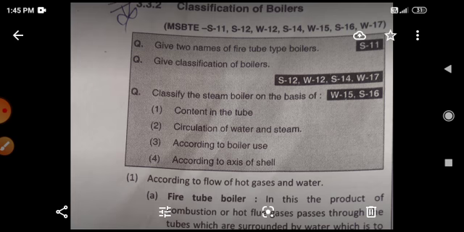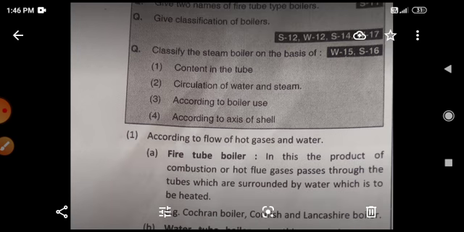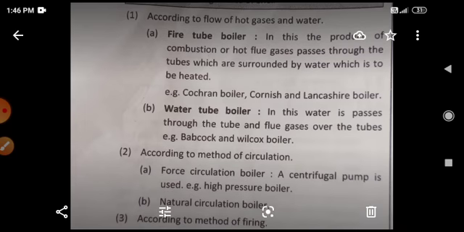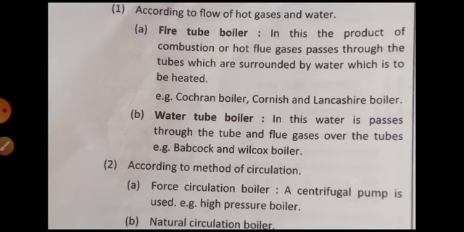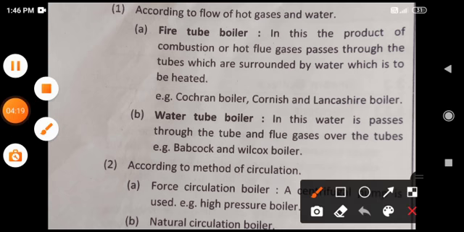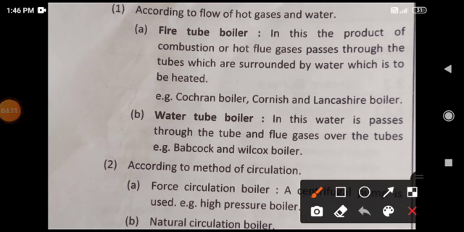Now let's see the different types of boiler. First, according to the flow of hot gases and water, boilers are classified. The first one is the fire tube boiler, meaning fire in tube.